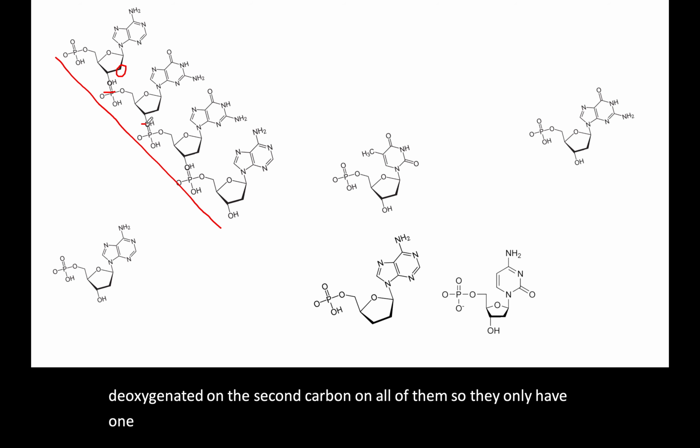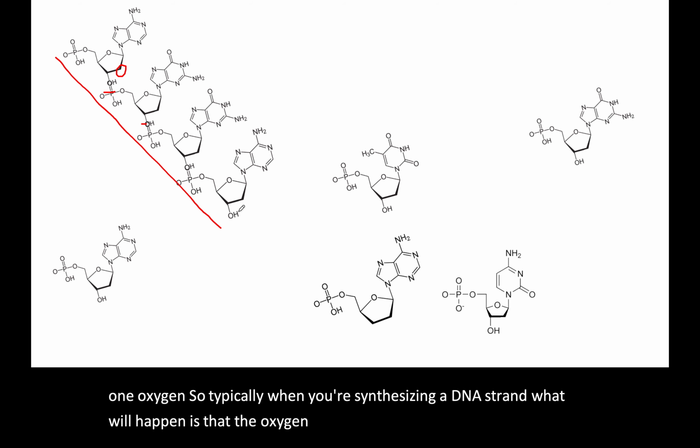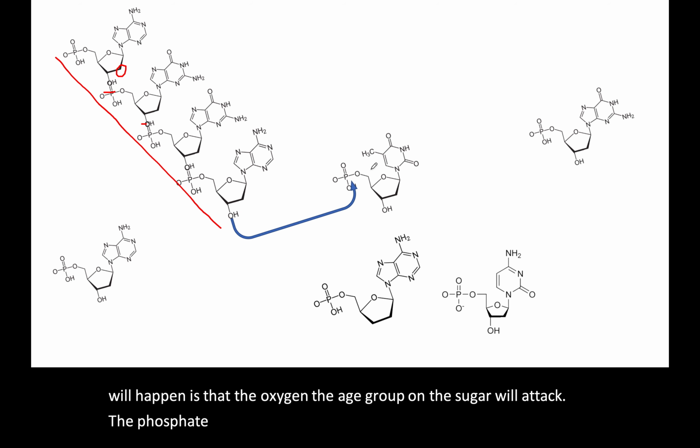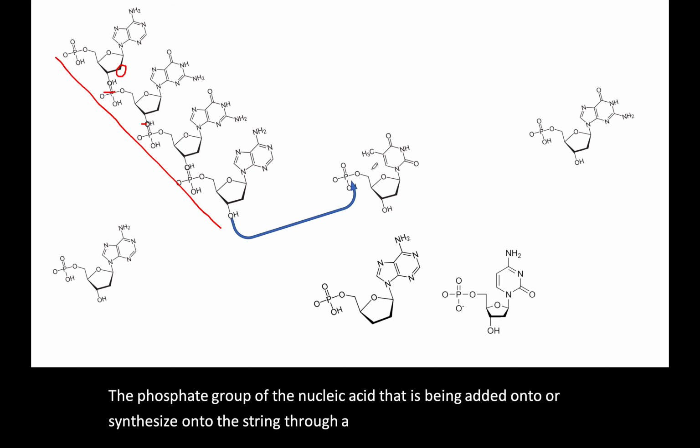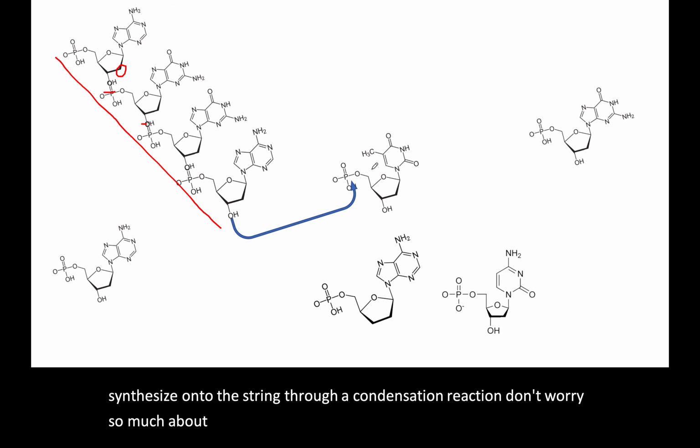Typically when you're synthesizing a DNA strand, the OH group on the sugar will attack the phosphate group of the nucleic acid that is being added onto the strand through a condensation reaction. Don't worry so much about the organic chemistry of it.